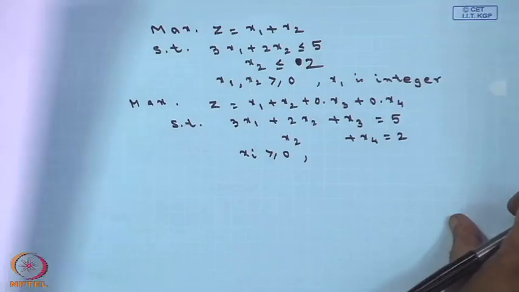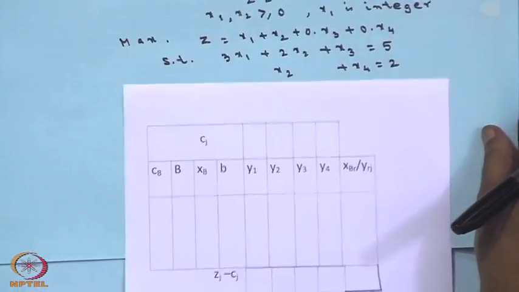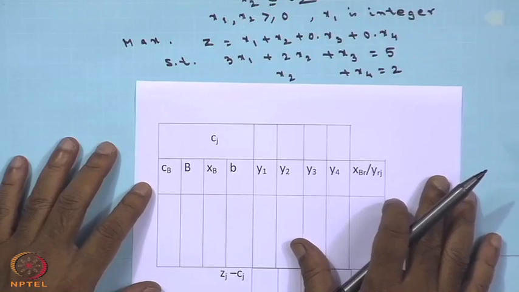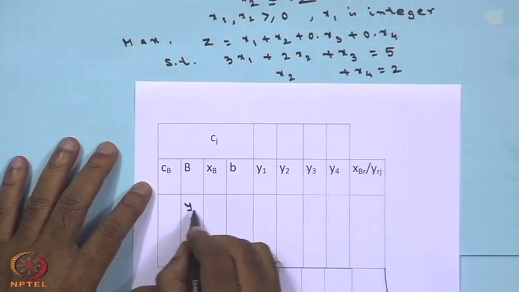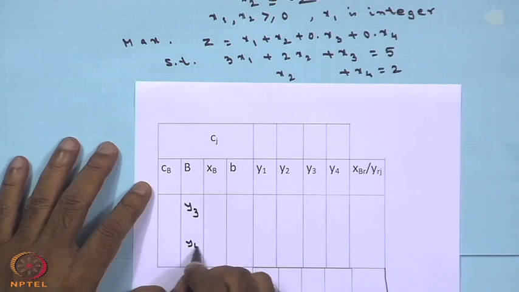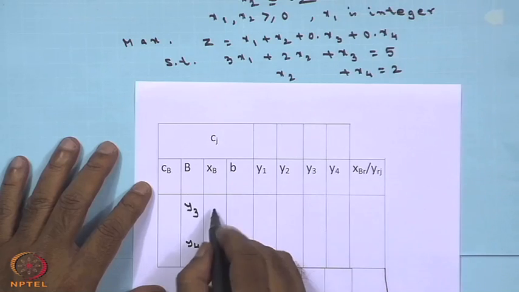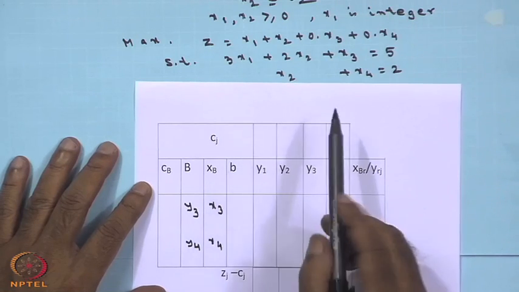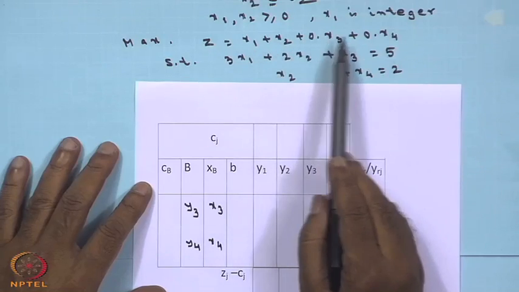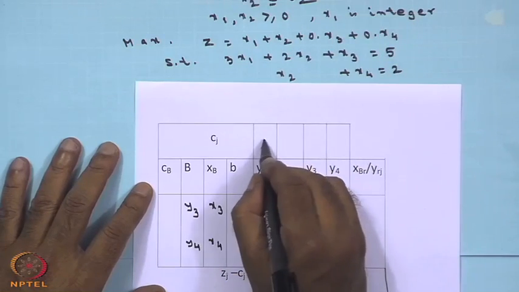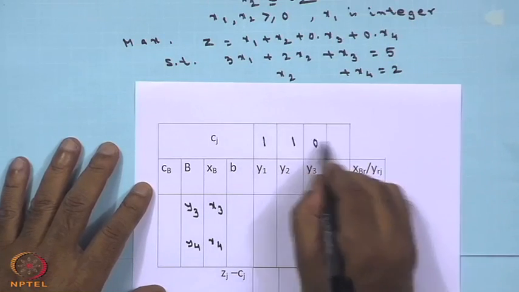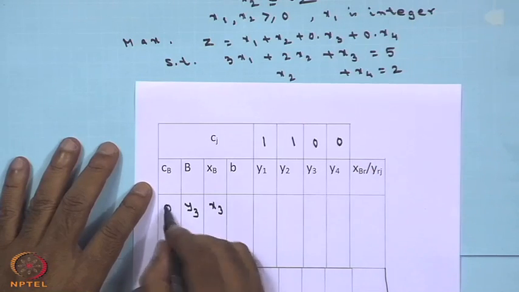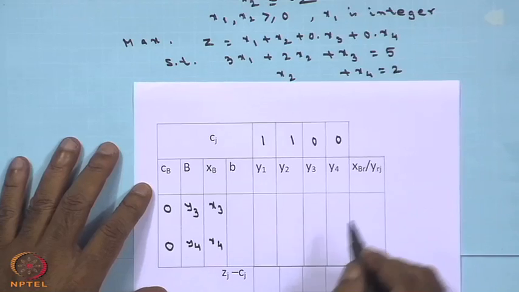So, if you see here, this is your problem. In the basis you will have y 3 and y 4, so here you have x 3 and x 4. C j values are 1, 1, 0 and 0. So, you are writing 1, 1, 0 and 0, so that your C b value corresponding to y 3 and y 4 is 0.